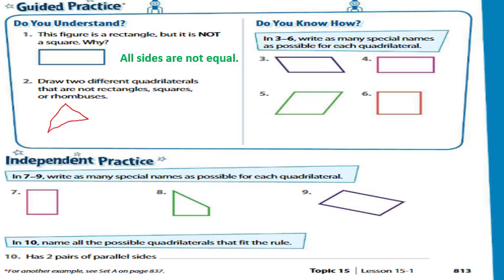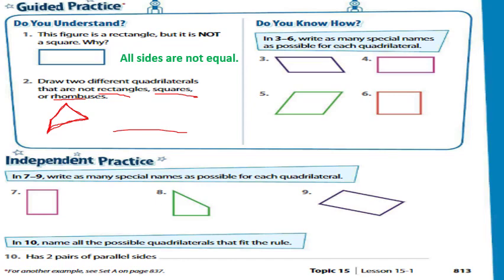So this shape has 1, 2, 3, and 4 sides, but it is not a rectangle, it's not a square, it's not a rhombus. So you have to think of any other shape like this and draw it here.